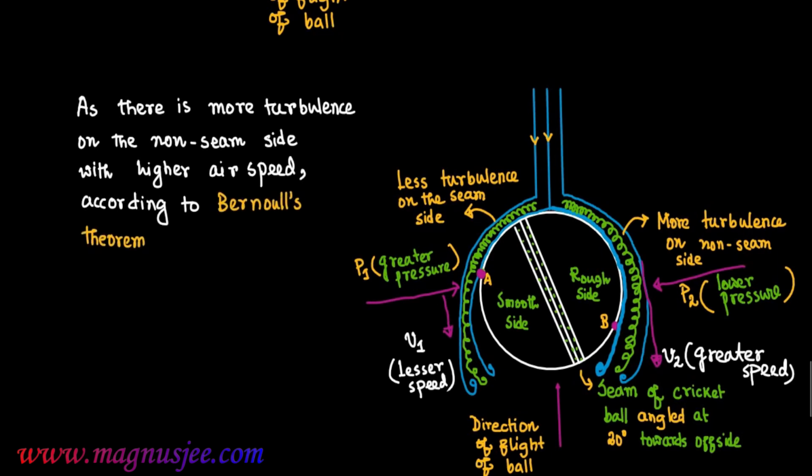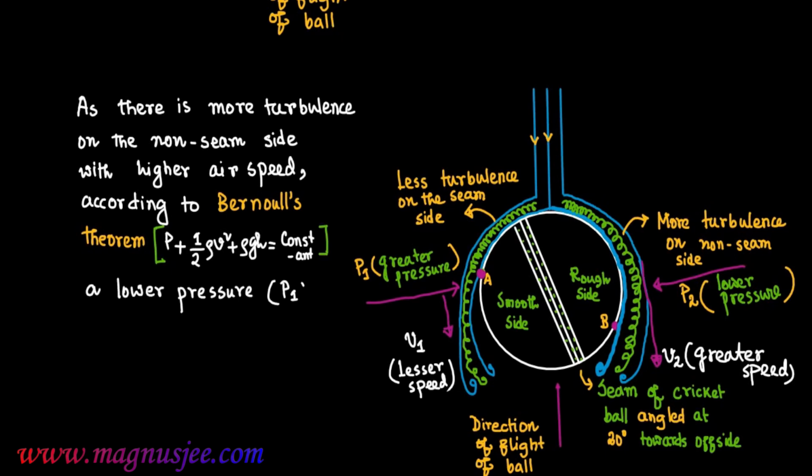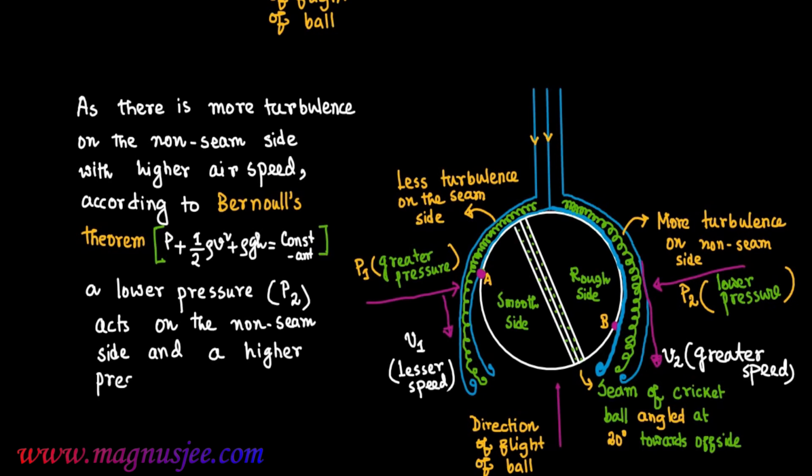According to Bernoulli's theorem, the sum of pressure energy, kinetic energy and potential energy per unit volume remains constant. A lower pressure P2 acts on the non-seam side towards left, and a higher pressure P1 will act on the seam side of the ball towards right.